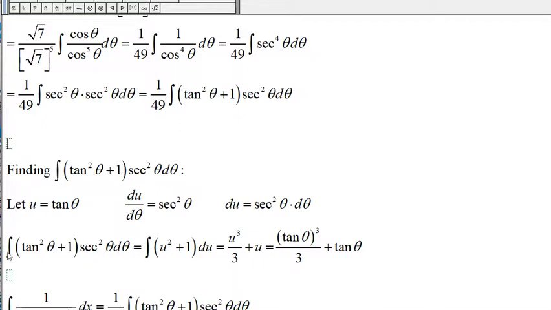Therefore this integral is equal to the integral of u squared plus 1, because u is tangent of theta, times secant squared theta d theta, which is just du. The antiderivative of u squared is u cubed divided by 3. The antiderivative of the constant 1 is just u. U is tangent of theta, so we have tangent of theta cubed divided by 3, plus tangent of theta.